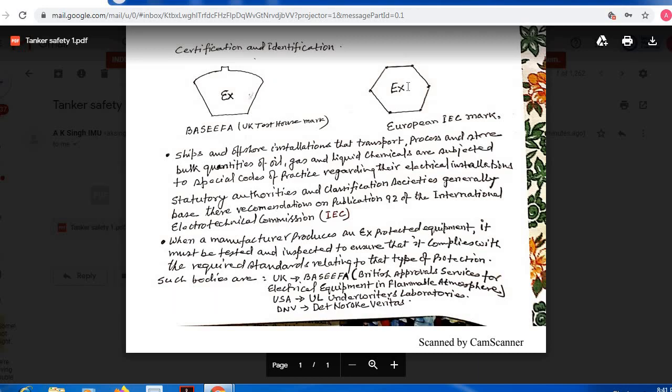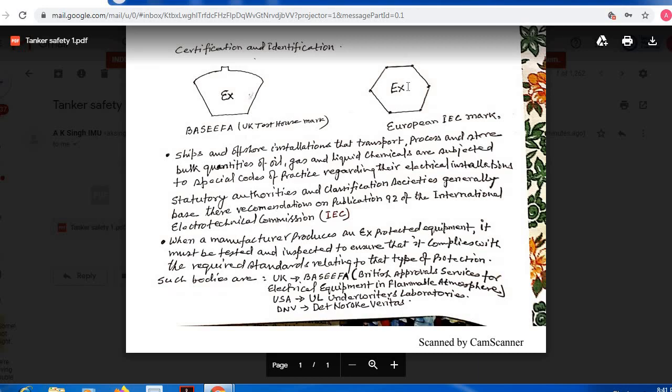Now what is this BASEEFA, which is the UK Test House? This is the abbreviation, which stands for British Approval Services for Electrical Equipment in Flammable Atmosphere. So this is all about your test house or certification body and the various types of protected equipment.